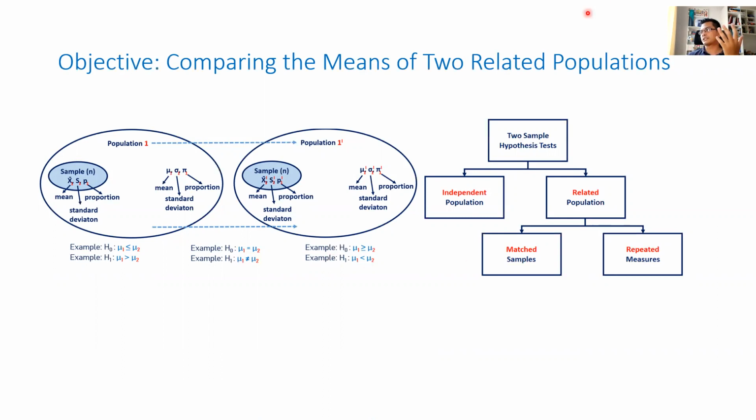We discussed and understood how the two sample hypothesis test can be categorized into two groups. The first one is independent populations and the second one is related populations.